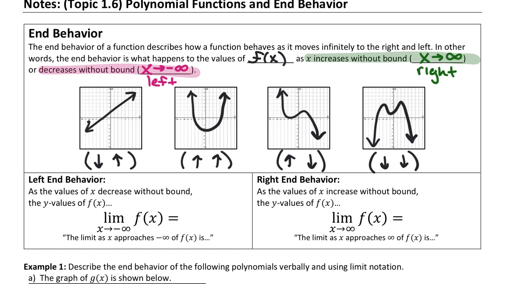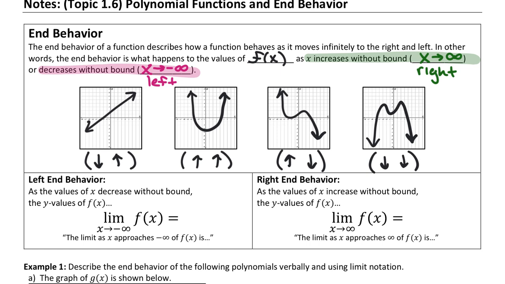Okay, that's a very informal way of talking about end behavior. And that's all we're doing today is discussing how these graphs behave as they approach negative infinity on the left and positive infinity on the right. But we're going to do it in a very formal math way. You've never probably seen this sort of notation before. In Algebra 2, I think you got close to what's called a limit notation, but we're going to be writing limit statements for our end behavior in this class.